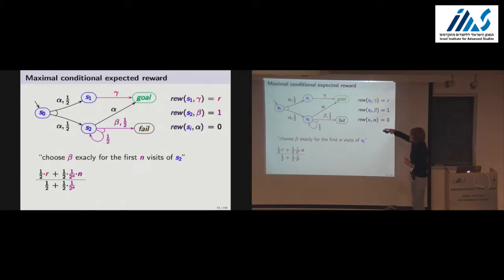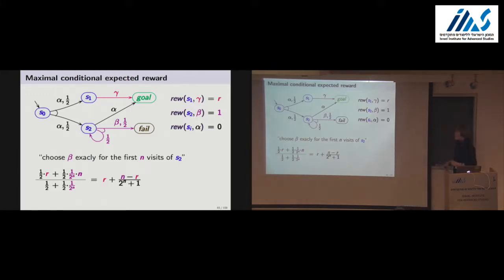Either this path S0, S1, goal, which is the same thing as you have seen before. And the other option is to go from S0 to S2, then taking this loop n times, and afterwards we take alpha and go to goal. And whenever we take this loop, we earn reward 1, which means altogether we earn reward n. And these are these values.